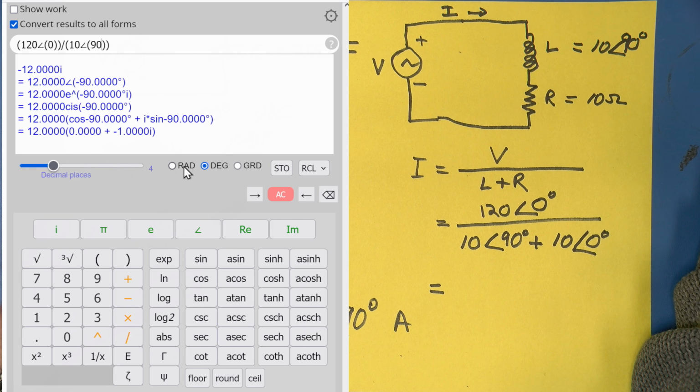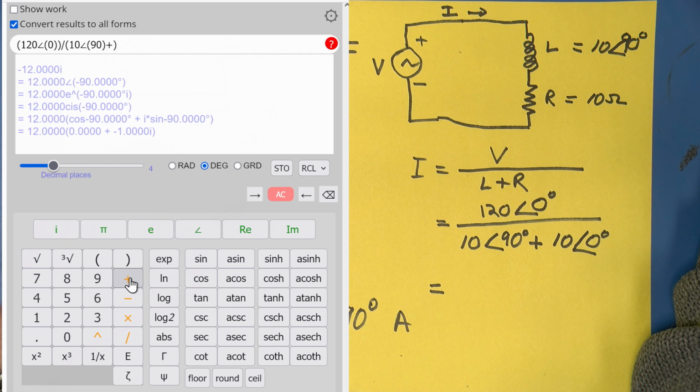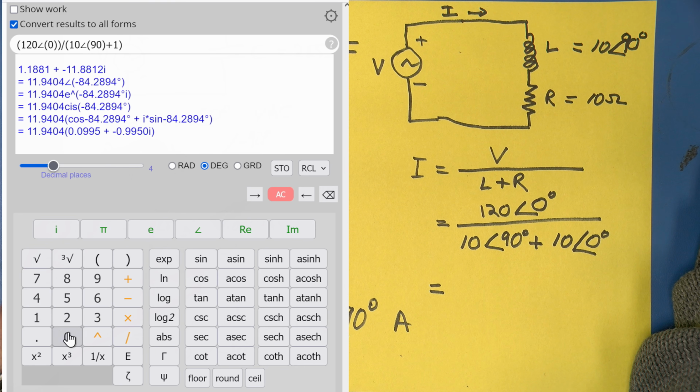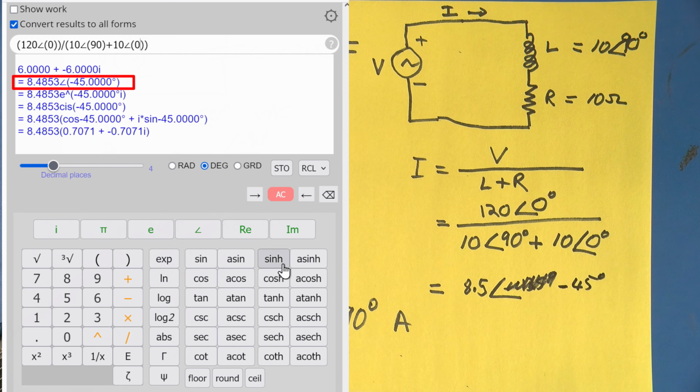Anyway, there's our 10 angle 90, and we're going to subtract 10 angle 0. And that should be all we need. So we get 8.5 at an angle of minus 45 degrees. And does that make sense?